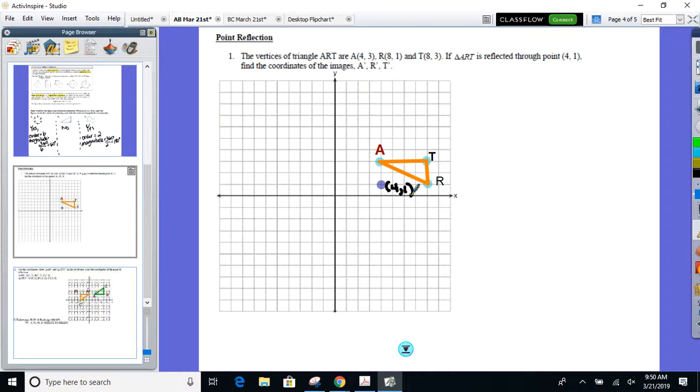So how far is it from point A to my point of reflection? 2, right? So I go 2 on the other side. Yep. Distance doesn't change in a reflection, so there's A prime. R prime's good, right? 1, 2, 3, 4. 1, 2, 3, 4. Nice, I like it. Ooh, and then we get to T.